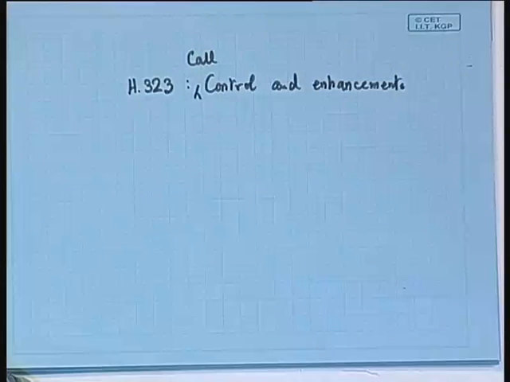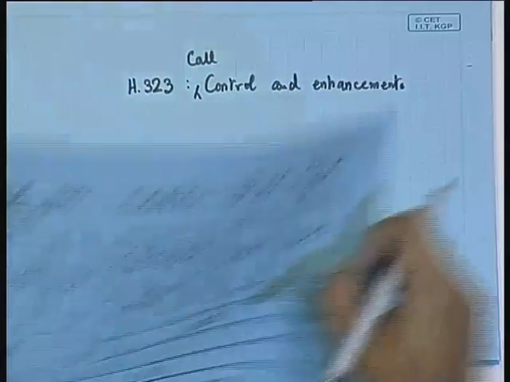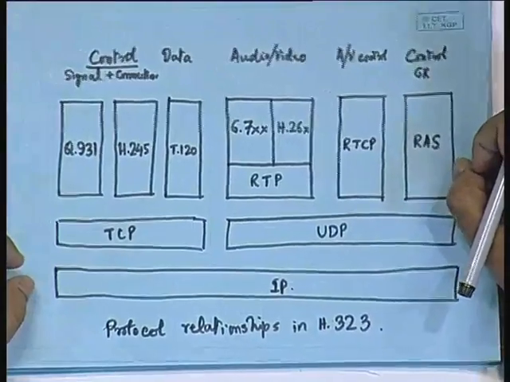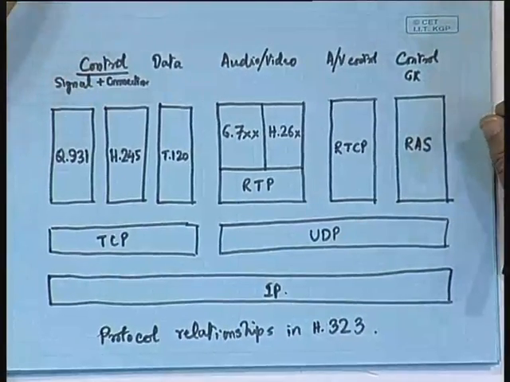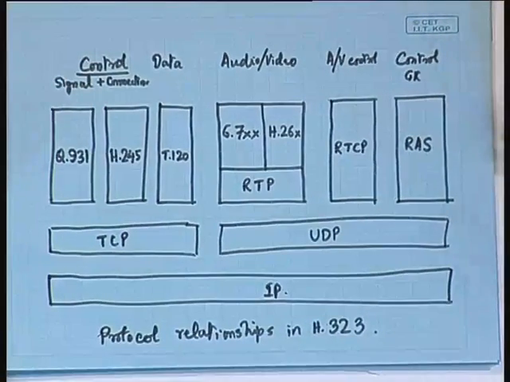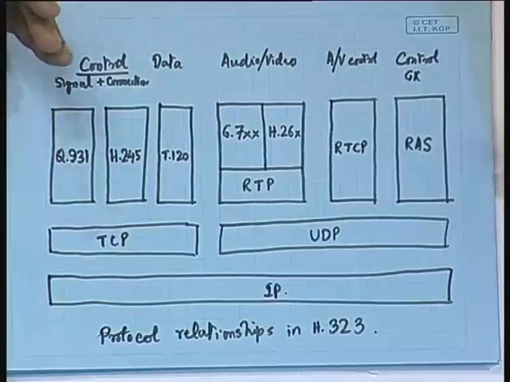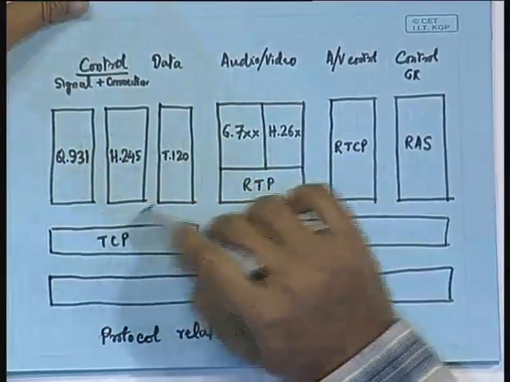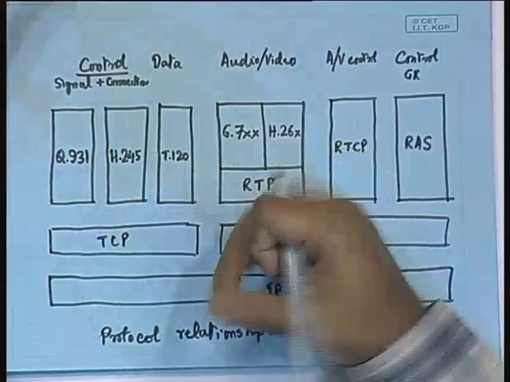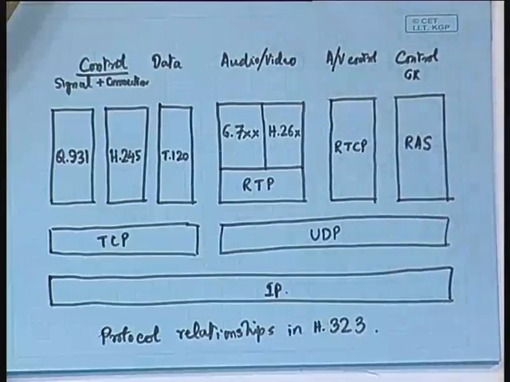So, now regarding the call control, before we go into that, just a quick look at the aspects which we had seen in the last class. Towards the end of the class we were discussing two aspects. One is the protocol relationship, where you can see that essentially we try to separate the data and the signaling aspects. The signaling aspects are very important as far as its sanctity is concerned. It has to be a very reliable communication.